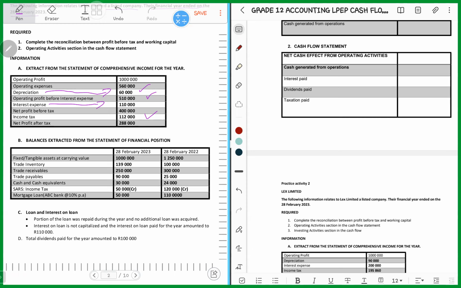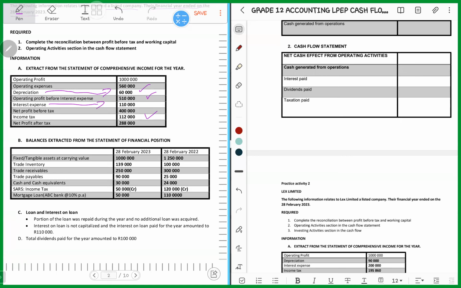Then for inventory, from the previous financial year, it was 100,000. It's currently standing at 139,000, meaning that it has increased. Now, this means something. If inventory increases, it means that the business purchased inventory.